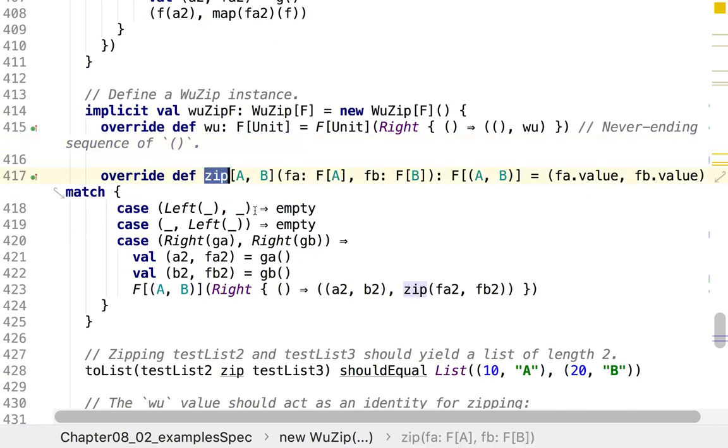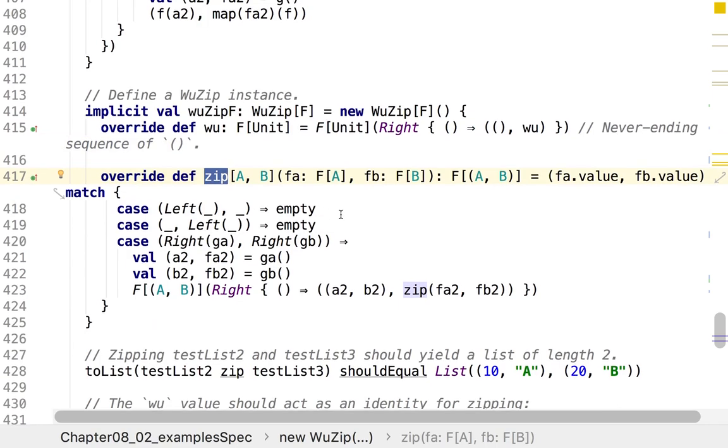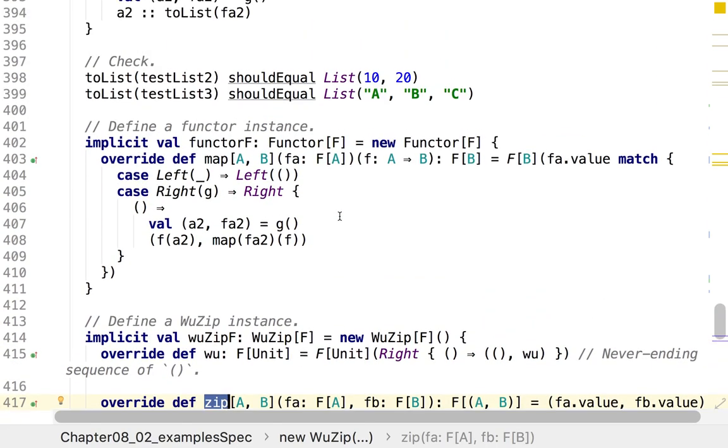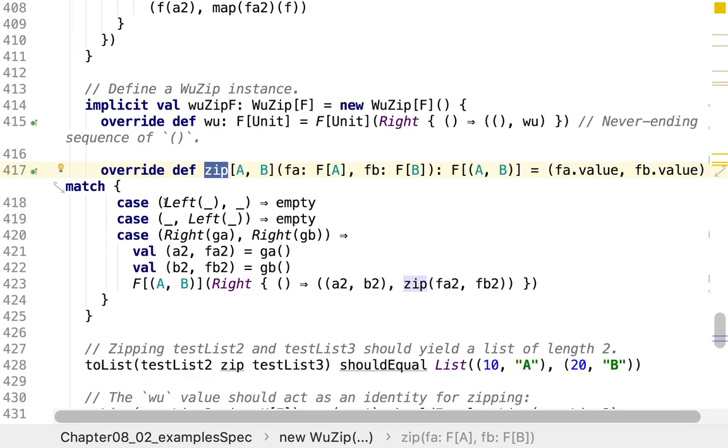Now the zip operation is interesting, but it's really trivial in a sense, because if one of them is empty, we return empty. And if we have two functions, so GA and GB are functions of this type, we again return a function which just has the tuple of the two first elements and then zips the rest recursively.